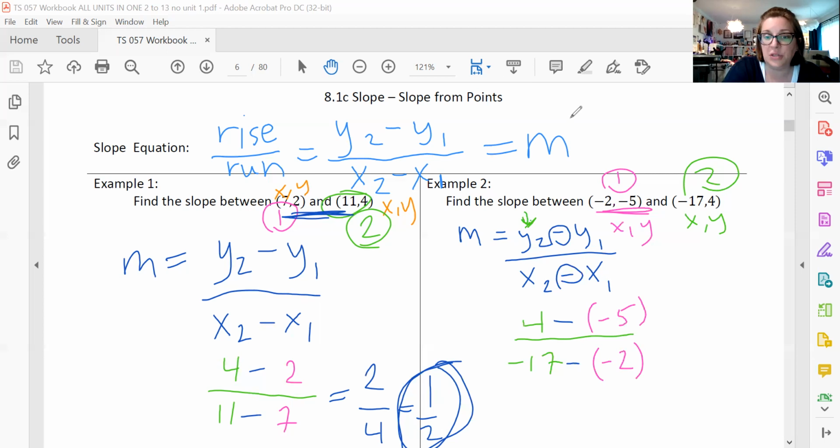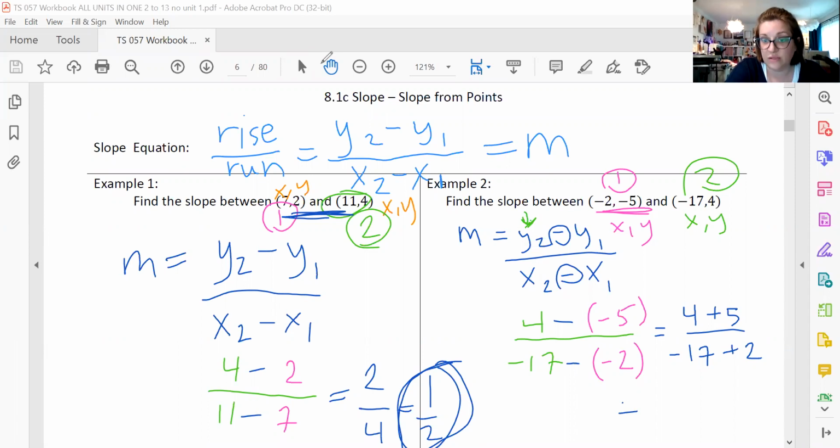And so again, if you're subtracting a negative, it really turns into a positive. So I'm just going to rewrite my problem here with my positives in there. So what I really end up with is 4 plus 5 over negative 17 plus 2.